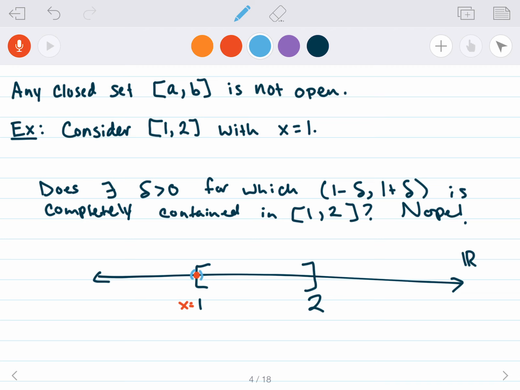The answer is no. No matter how small we make our delta, we're never going to be completely contained in the set. We're always going to be outside this way. So this set fails the openness condition. Not open.